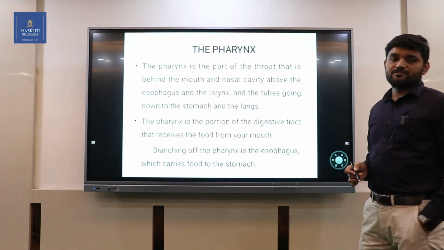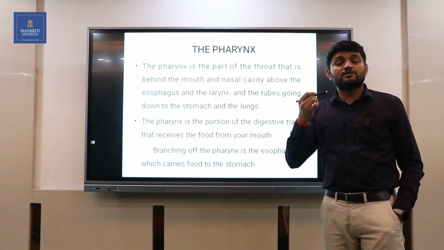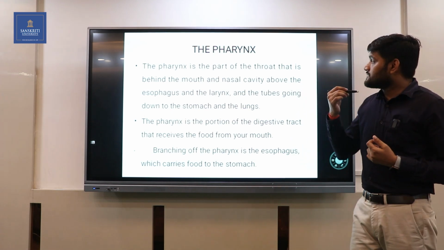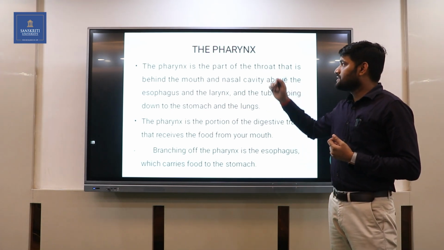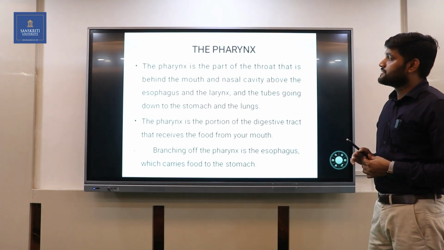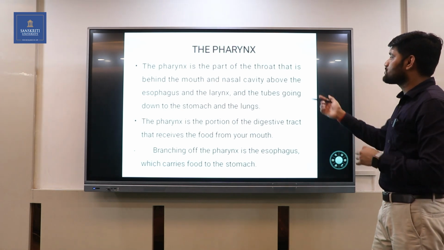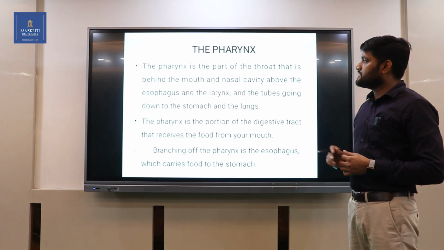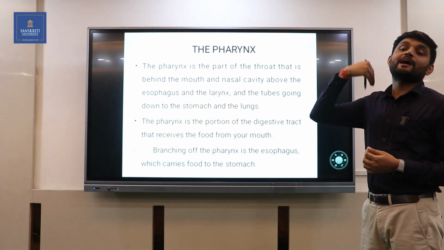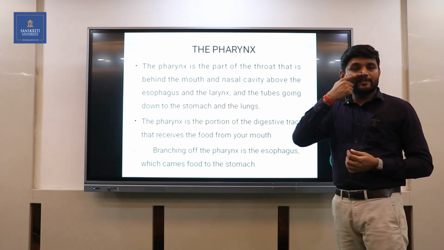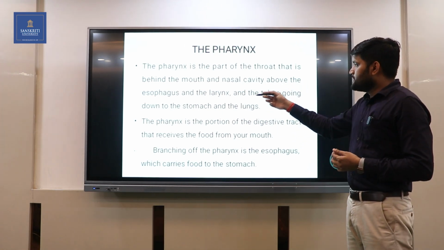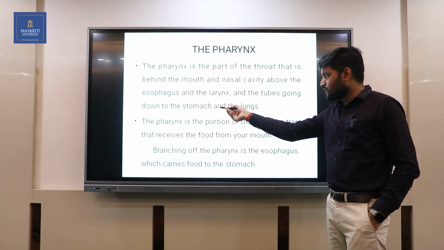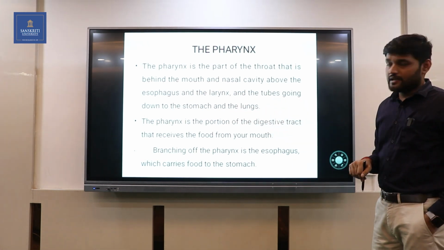The next part is the pharynx. After the mouth, we have learned about the mouth, teeth, and the glands. After that come the parts of the pharynx. The pharynx is the part of the throat, the neck, that is behind the mouth and the nasal cavity, above the esophagus and the larynx.